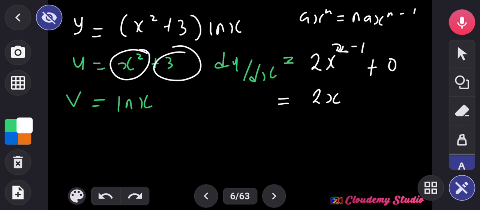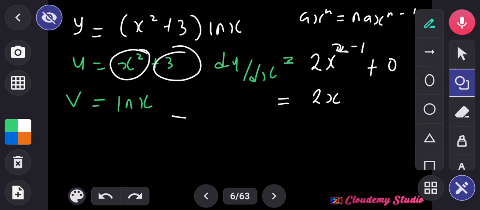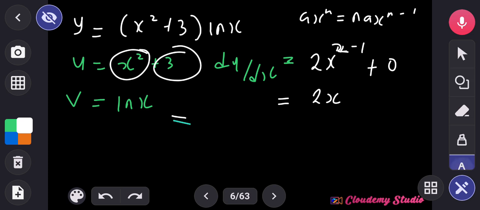So if you differentiate ln x, it is going to give us 1 over x, because differentiation of ln x equals 1 over x. So I'm going to say that dv upon dx equals 1 over x. You understand? dv upon dx equals 1 over x.